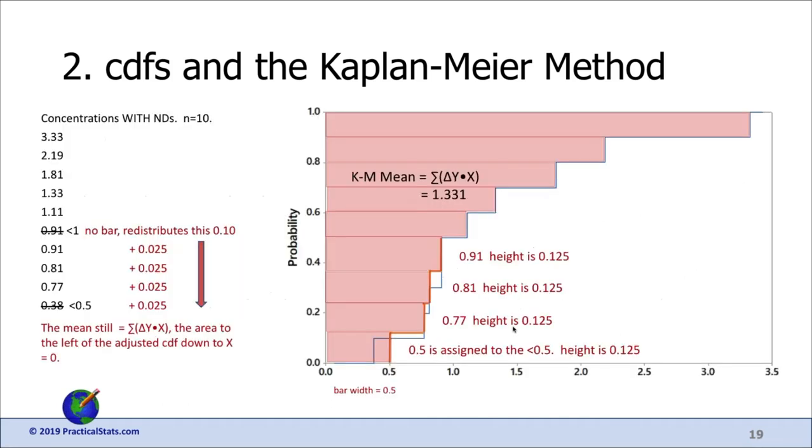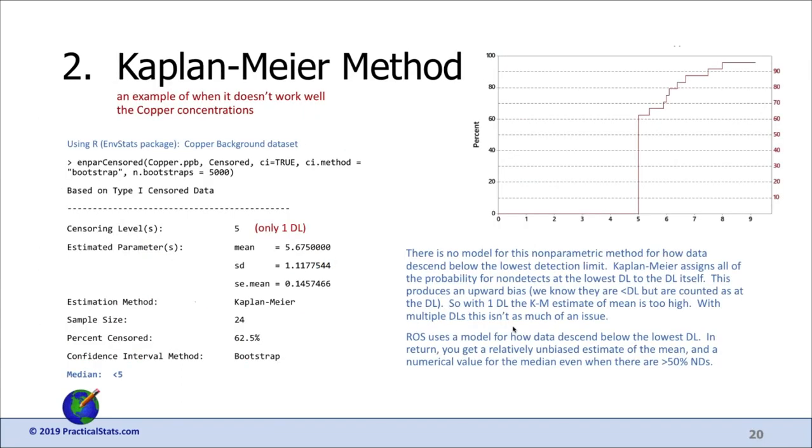But for the data set that we just had a minute ago, this copper data, I purposely picked one that had 62.5%. So what the CDF is telling you of the detected values plotted with the step functions and this huge step at the detection limit, that this area in Kaplan-Meier is going to be huge. It's going to be much larger than it should be.